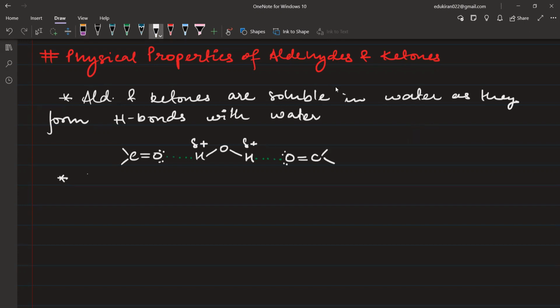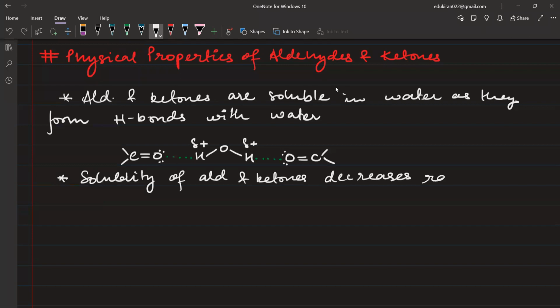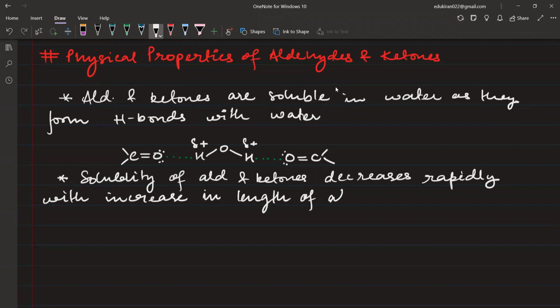Please write: solubility of aldehydes and ketones decreases rapidly with increase in length of alkyl chain.